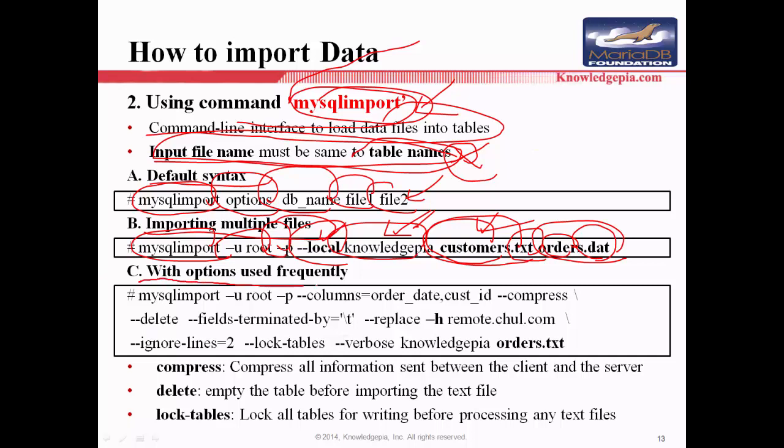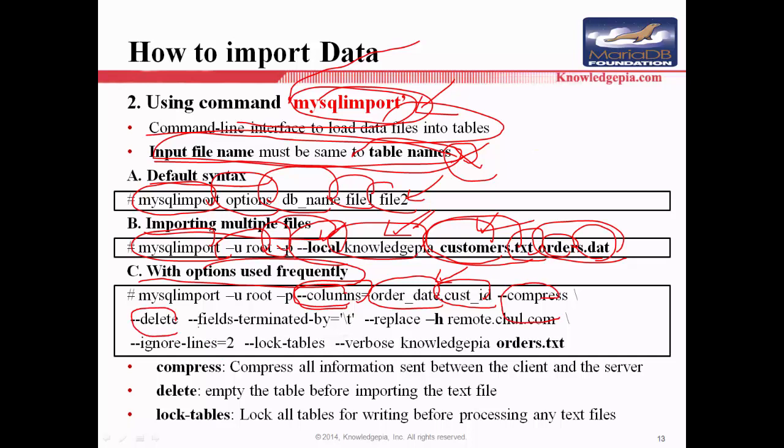C, the options used frequently. Besides this kind of option, we can use other options as well. For example, columns, which I already told you about. If we want to insert only 2 columns, order_date and customer_ID, not the other columns, we can use this option. Compress, I will explain this one.